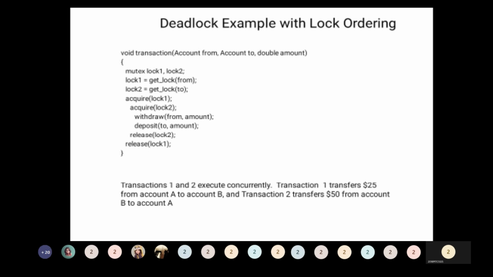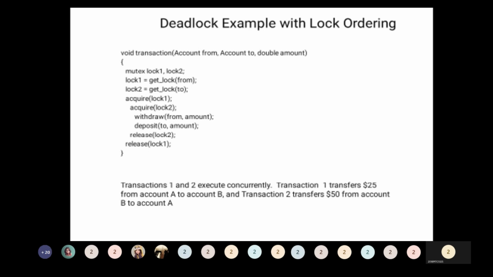Then lock 2 is for the account to which you want to transfer. You acquire lock 1, acquire lock 2, withdraw the amount from the from account, and deposit it to the to account. Then you release lock 2 and lock 1.